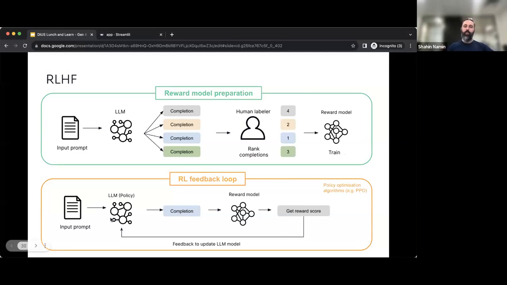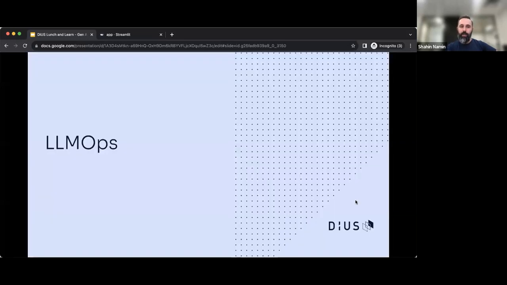And you try to tweak the model and tune the model using reinforcement learning techniques. The technique used here is of the form policy optimization in reinforcement learning. And one very good algorithm that is commonly used is called PPO, or proximal policy optimization.